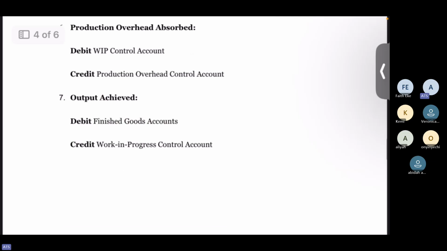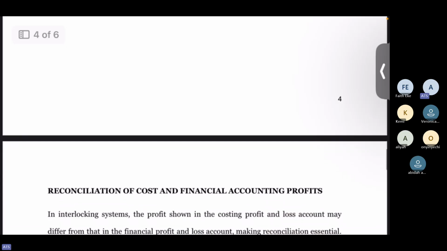Now, at the end of it all, as I mentioned earlier, when you are done, your product is your finished goods. So you send finished goods: you debit finished goods, and you credit the work in progress control account. Do you have any questions so far before we take a question?